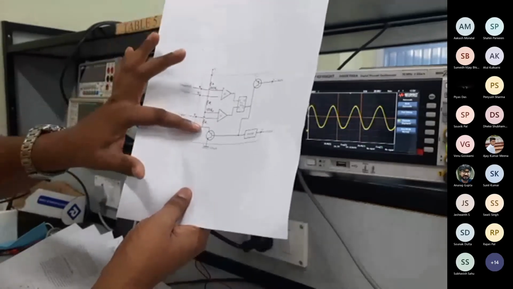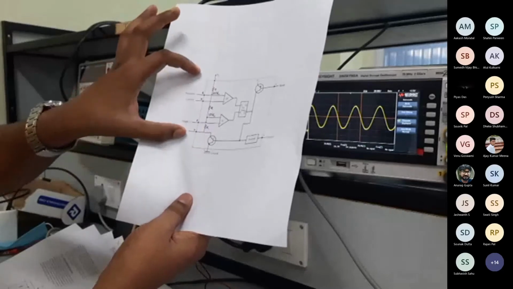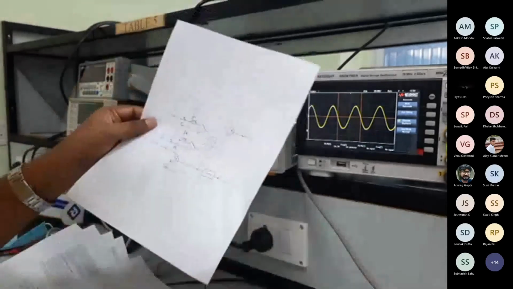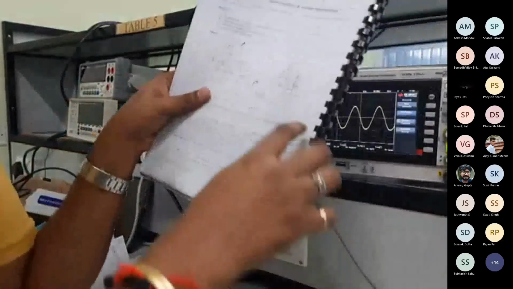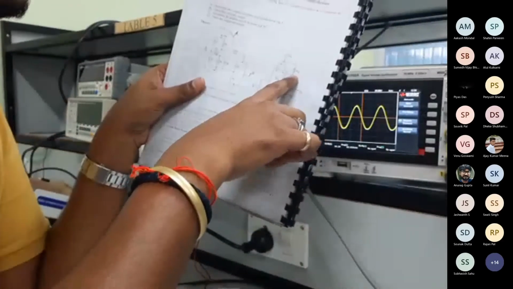Suppose here it is 15, here 5 volts through the resistor. So we can adjust this voltage to adjust the reference voltages of the comparator. So RA is connected to pin 7.